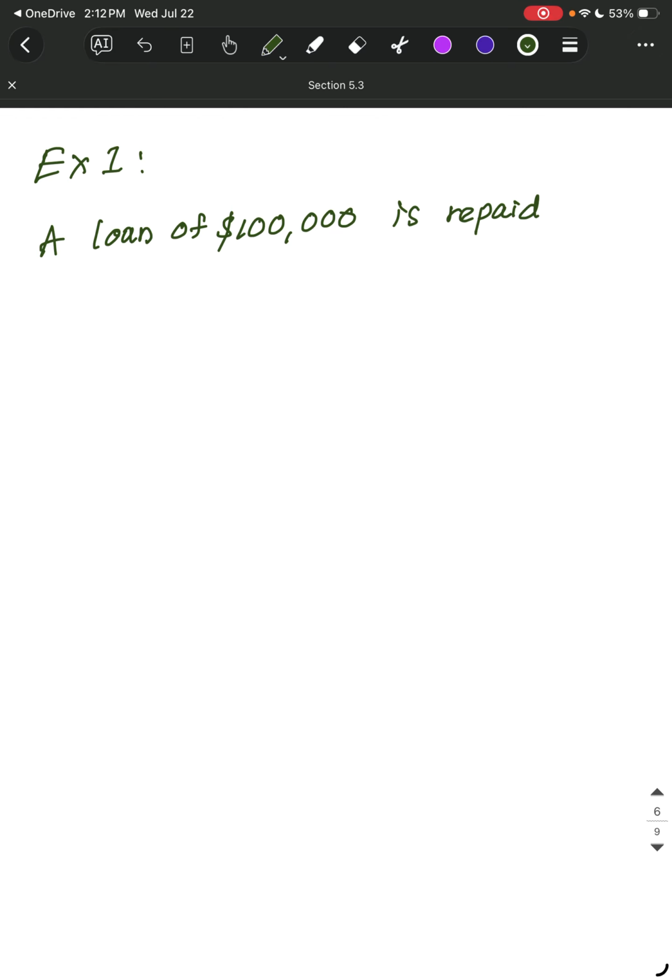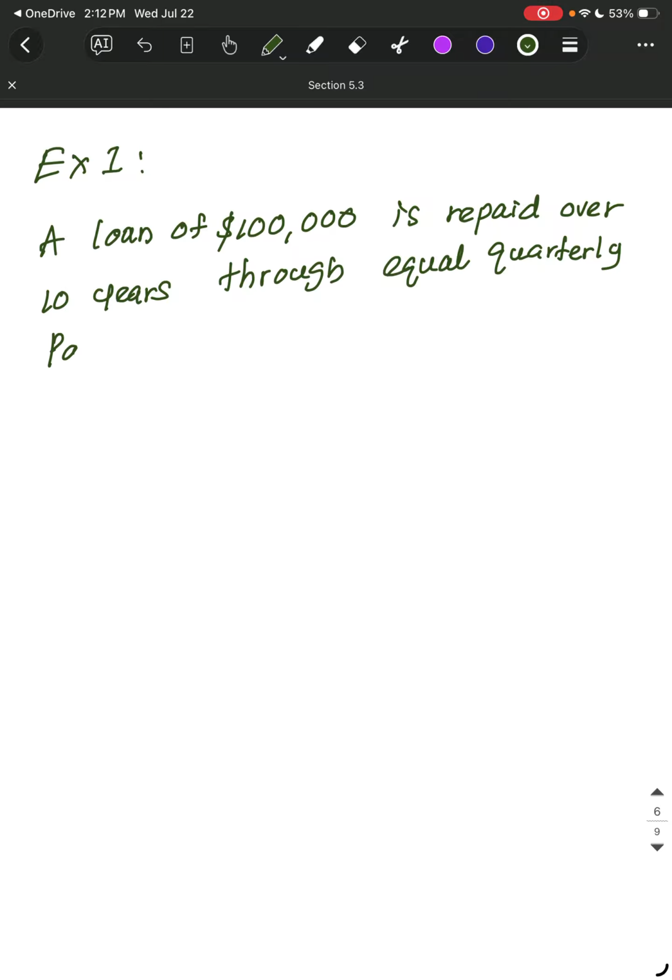Example 1. Quarterly loan payments. A loan of $100,000 is repaid over 10 years through equal quarterly payments.